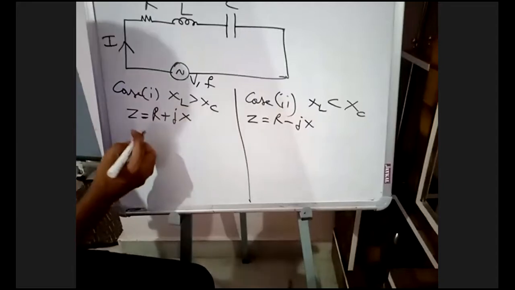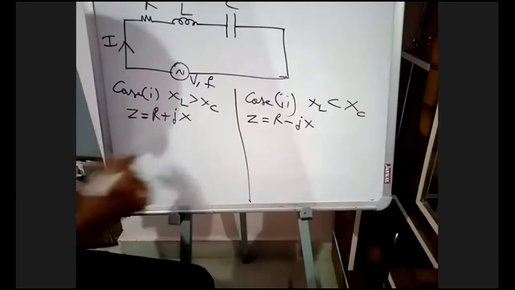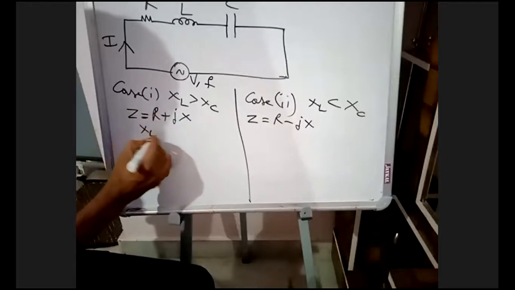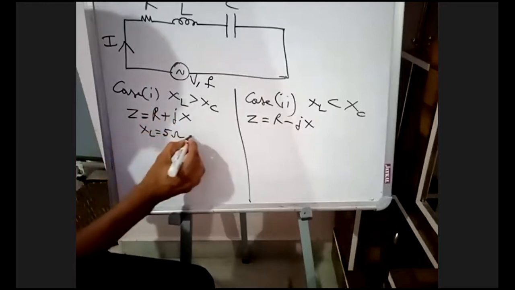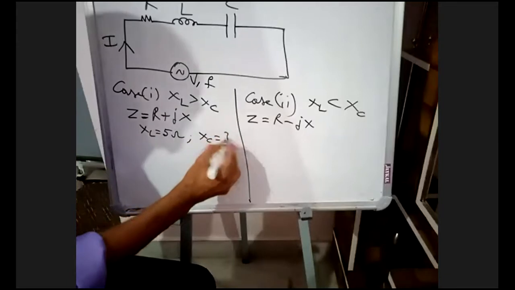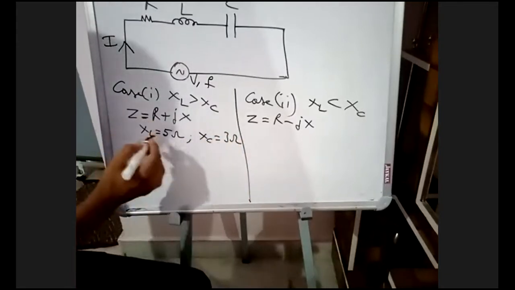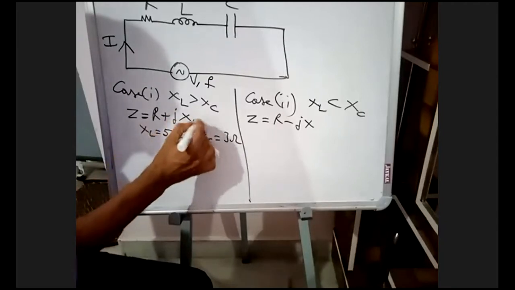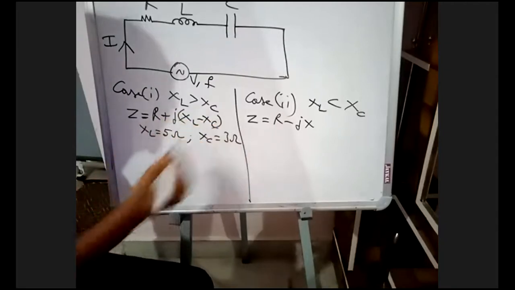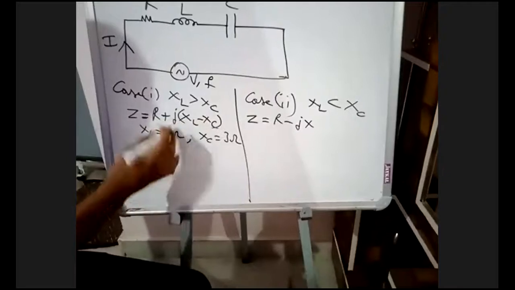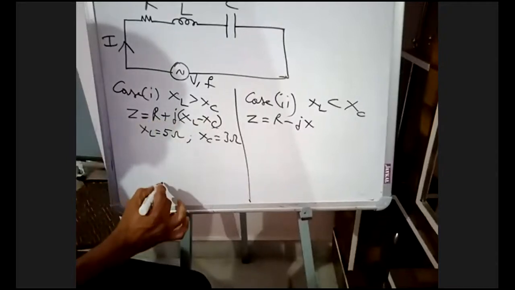Now I am drawing, see here. Let us assume for example XL is 5 ohms and XC is 3 ohms. Z is equal to R plus j(XL minus XC), where X is XL minus XC. R value is taken on the X axis.